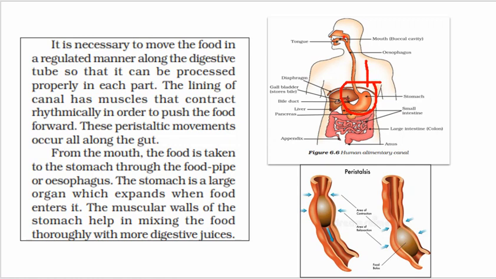The food enters from the mouth, then enters the esophagus, where the peristalsis movement happens, and then it enters the stomach. So the food is taken from the mouth to the stomach through a food pipe, and we call this food pipe the esophagus. Done?